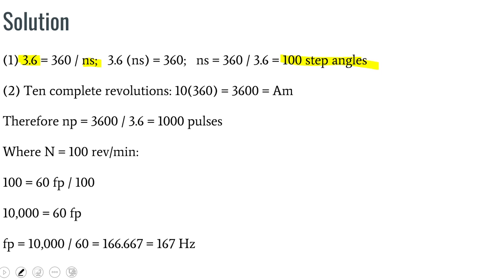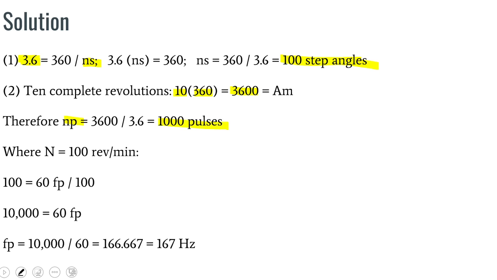So the motor has 100 steps. Now if you want to do 10 revolutions, we replace these, so 10 revolutions is 3600 degrees. If we divide that by the step angle, we need 1000.